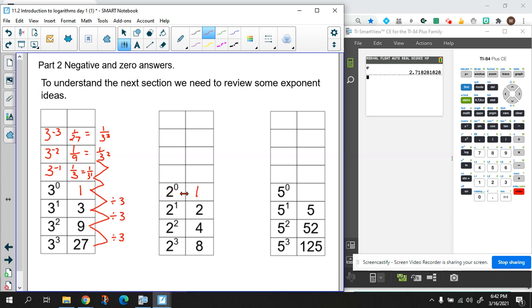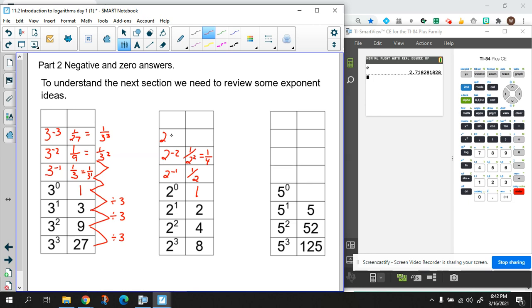Again, that concept, 2 to the 0 power is 1. And then I could do 2 to the negative 1, put the 1 on top, drop the 2 down low to the first power. 2 to the negative 2 would be the same as 1 over 2 squared, or 1/4.